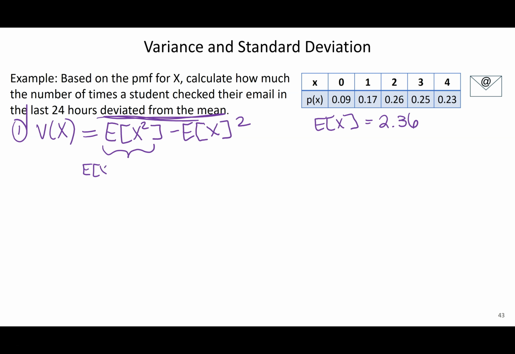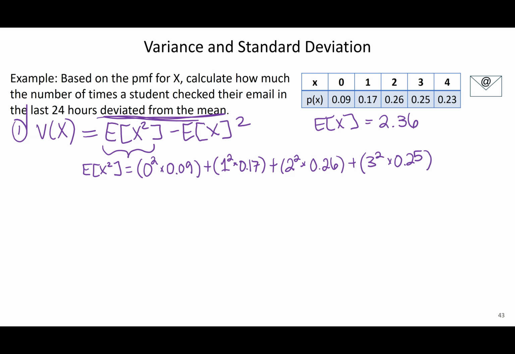The expected value of x squared is going to be 0 squared times the probability of seeing 0, which is 0.09, plus 1 squared times the probability of seeing 1, which is 0.17. We're going to continue through here: 2 squared times 0.26, plus 3 squared times 0.25, plus 4 squared times 0.23.